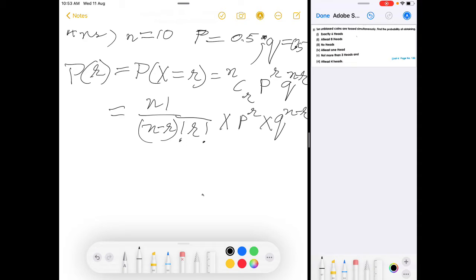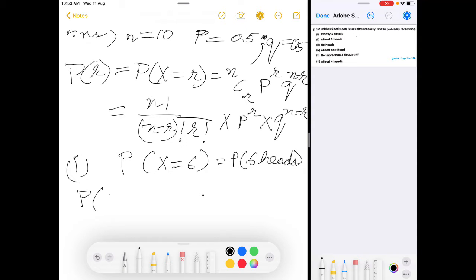Now first let's answer part 1. Probability of X equal to 6 means the probability of getting 6 heads. So P(X = 6) is equal to nC6 p to the power 6 q to the power 10 minus 6.